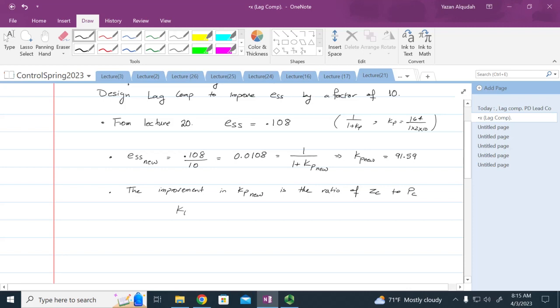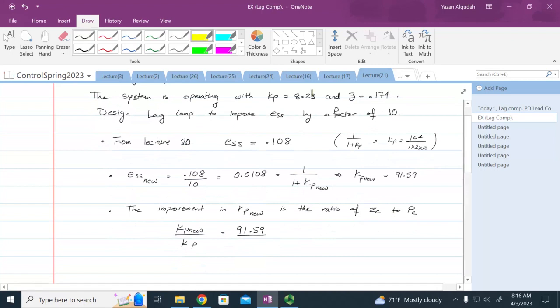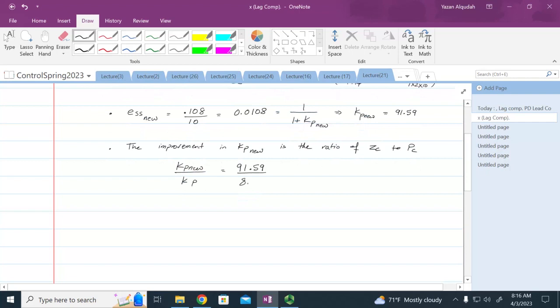So therefore, Kp new divided by the original Kp is going to equal 91.59 divided by Kp, which used to equal 8.23, which is going to equal 11.13.